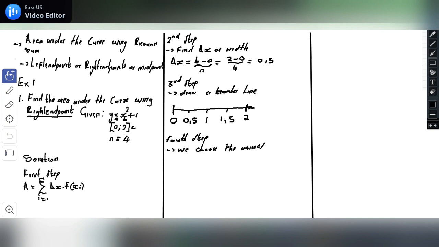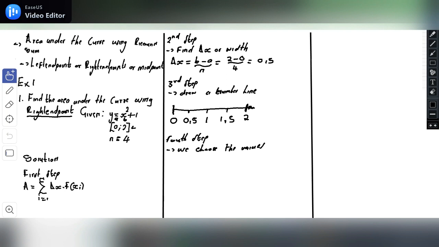We leave the last one, which is 2. That's how we do it. So you have to always leave the last one. Even if you're not given n and you don't know what n is, you choose the numbers from here and leave the last value.